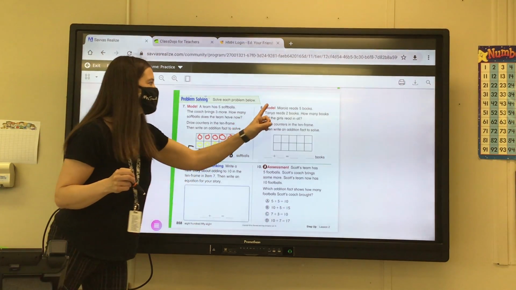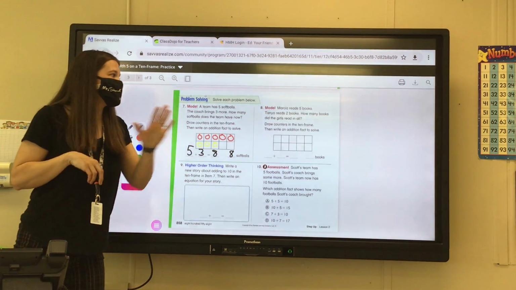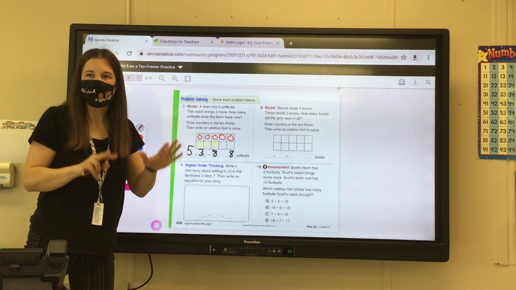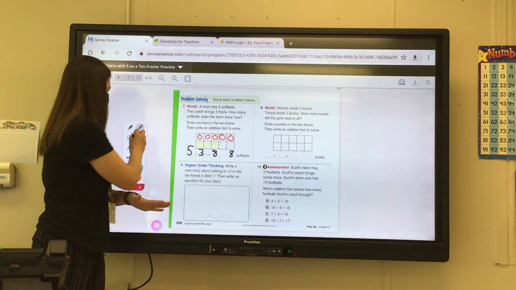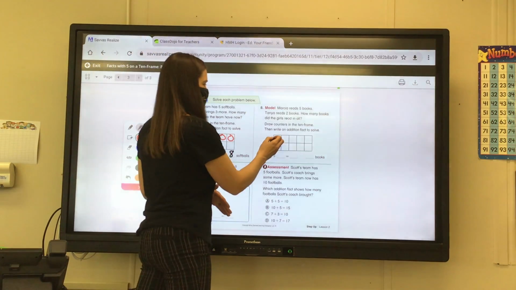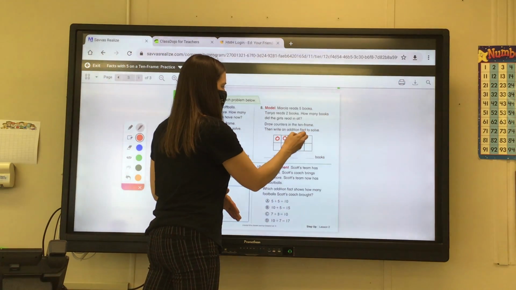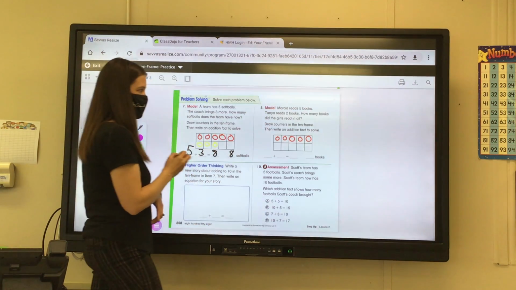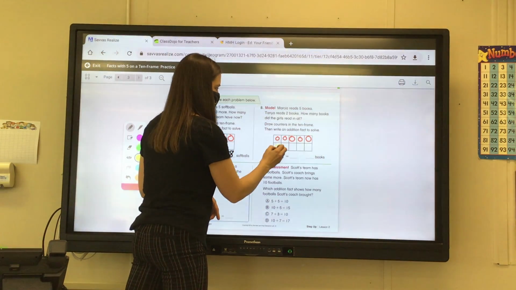All right, number 8. Marcia reads 5 books and Tanya reads 2 books. How many books do the girls read all together? So first thing you want to do, draw those 5 in. You got it. How many did Tanya read? 2.